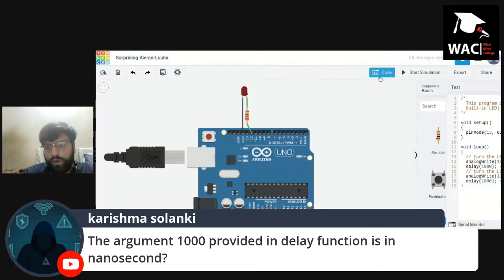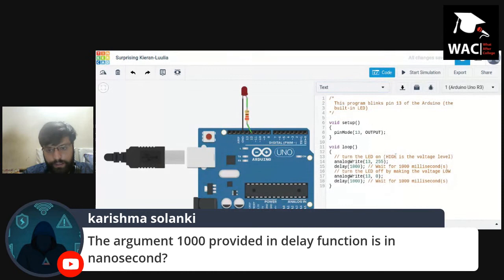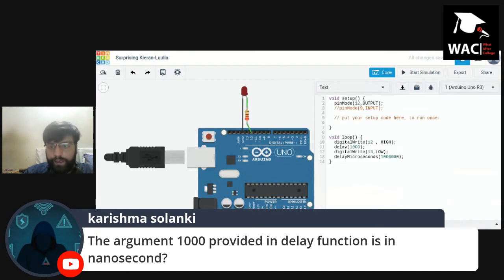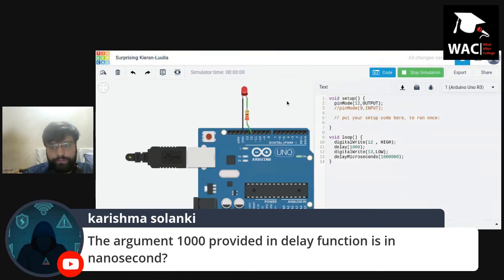Okay, code, we have a code over here. Let's delete it and write our own and start the simulation. Okay, sorry, I wrote 13 low over here. I should have written 12 low.